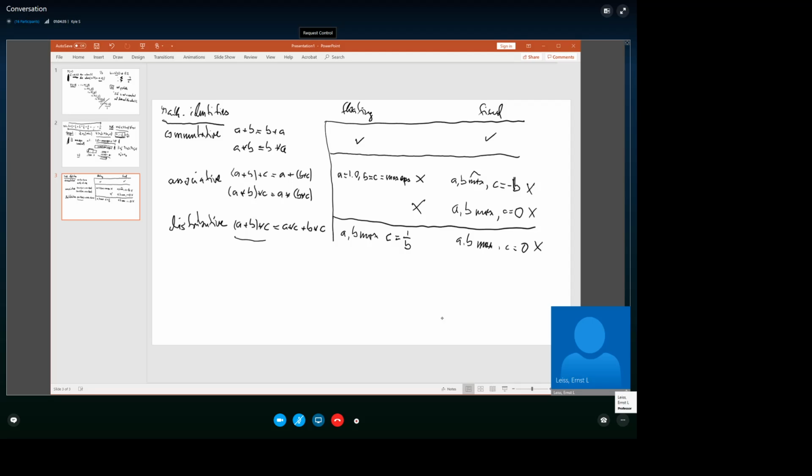And then over here you have a times c, and b of course is the same as a, so a times c is 1, and b times c is 1. And so here we have 2, and here we have an exception. And so the exception is obviously not 2.